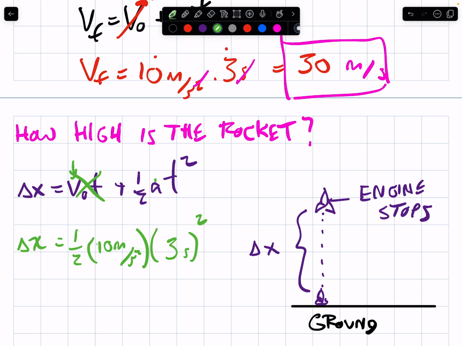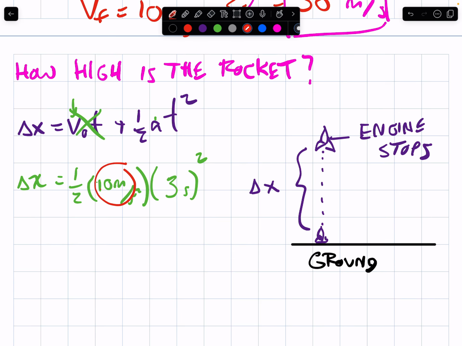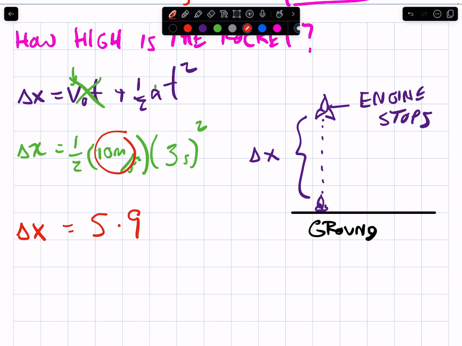Also, just to avoid confusion, that 10 meters per second squared is not little g. That's not the acceleration of gravity. I know it has the same value, but this is the acceleration of the rocket because of how much force that engine is exerting. So delta x, 1/2 of 10 is 5, and then 3 squared is 9, and 5 times 9 is 45. And the units end up being meters.